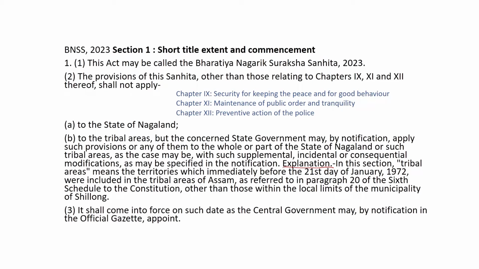And the law shall come into force on such date as the central government may by notification in the official gazette appoint. So, this law has been notified to be implemented with effect from 1st of July 2024.